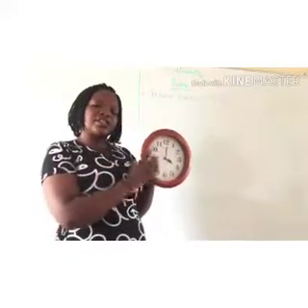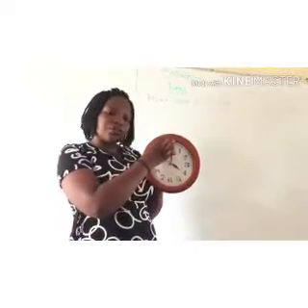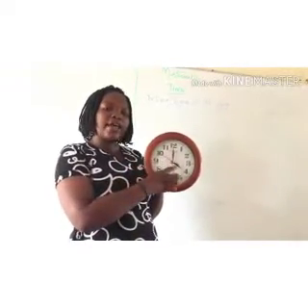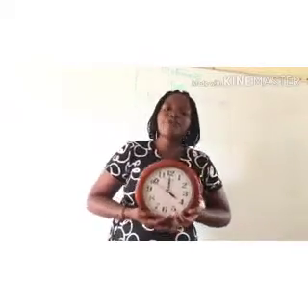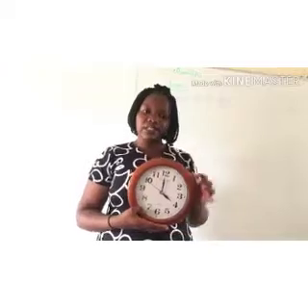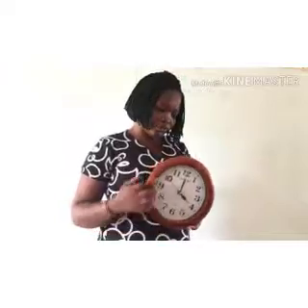Hence, we can say this is 4 o'clock. The minute hand is at 12 and the hour hand is at 4. So we say the time is 4 o'clock. That is 4 hours and 0 minutes.